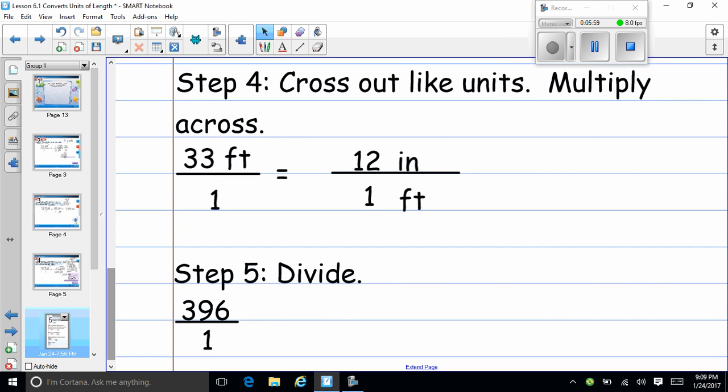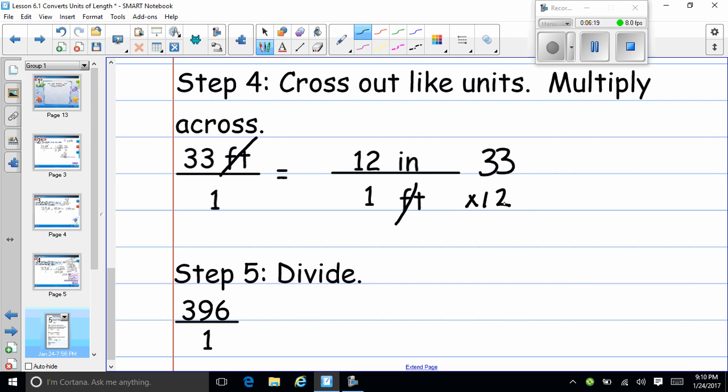Okay, step 4, I'm going to cross out like units and then multiply across. And so feet are my like units, and that leaves me with inches, and then I'm going to multiply across. And so 33 times 12, I'm going to solve for.